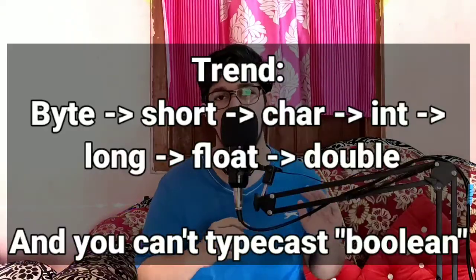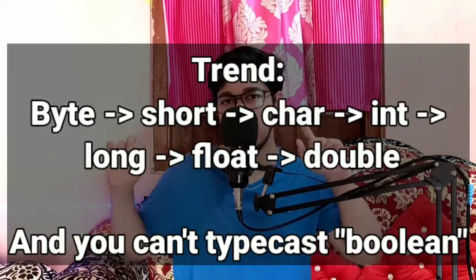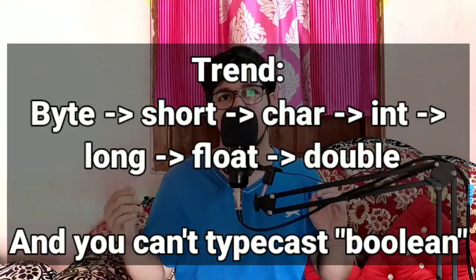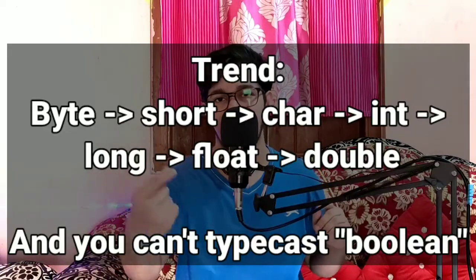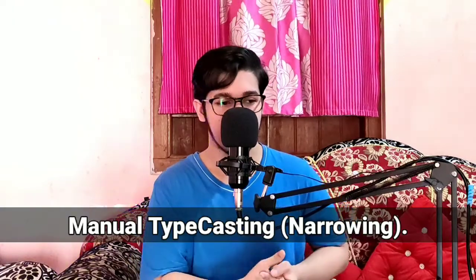In automatic typecasting, or widening, there is a trend which you have to follow, and this trend is shown on the screen. This is how you can change from one type to another. You can't go in the reverse manner. But in manual typecasting you can typecast in the reverse manner or whatever way you want to, so you don't have to worry about it.